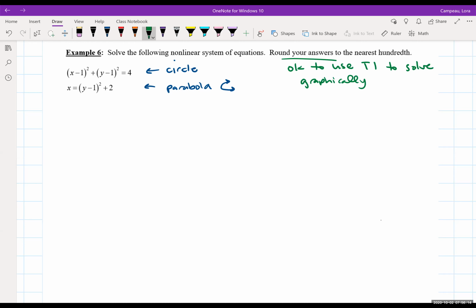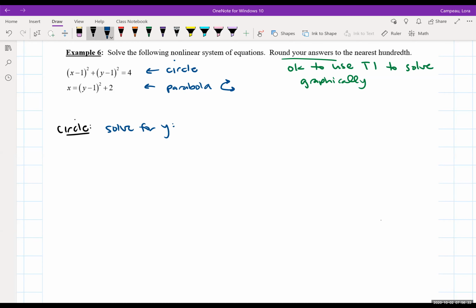So in order to do this type of problem, let's start off first with the circle. And I'm going to solve it for y. We've had practice in this with the previous chapter, and you were wondering why we were doing that in the previous chapter. It's all for today.